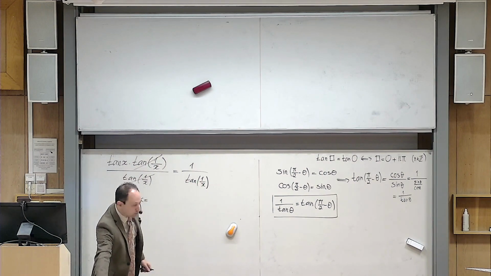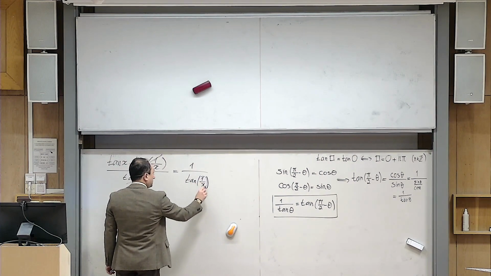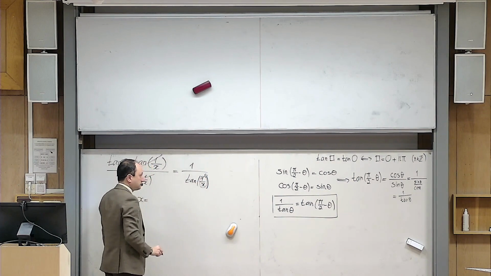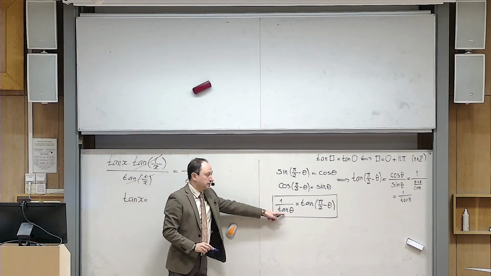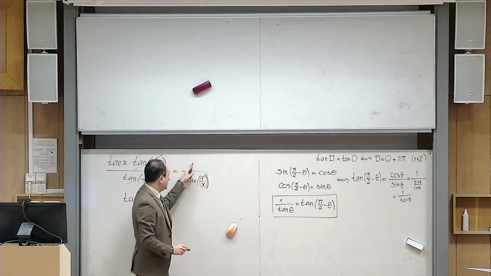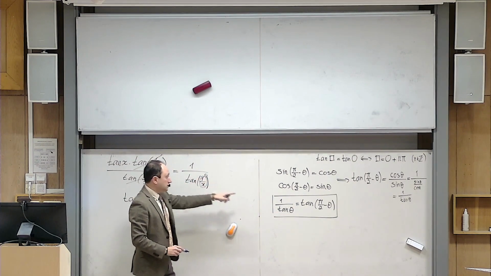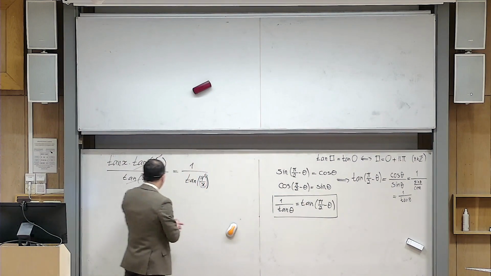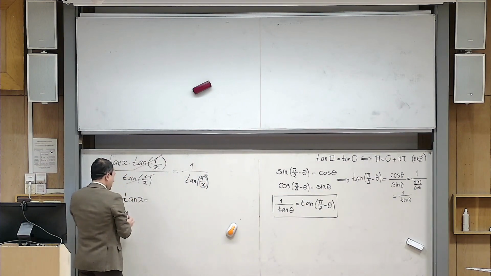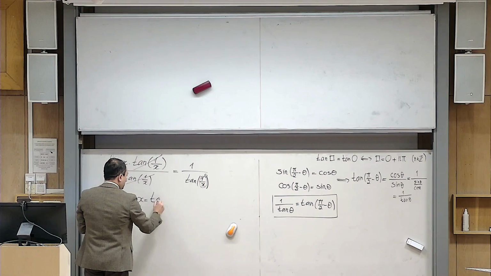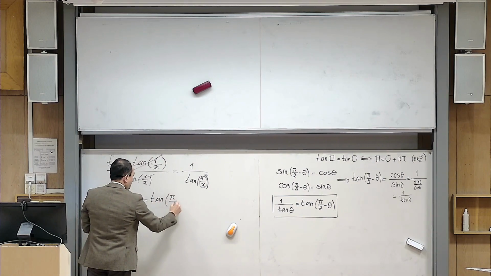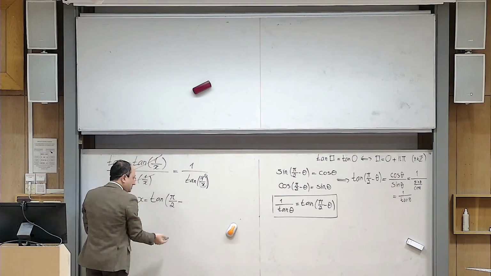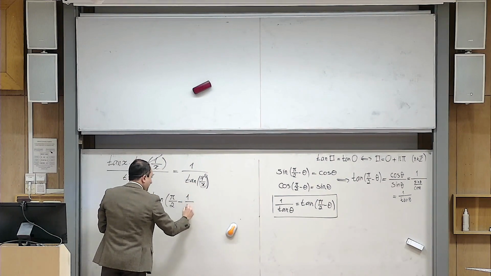I want to give the role of theta to this, and use 1 over tangent theta, which is equal to tangent of pi over 2 minus theta. So then, instead of 1 over this, I can write tangent of pi over 2 minus theta, which in this case is 1 over x.